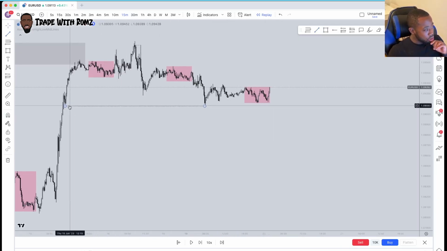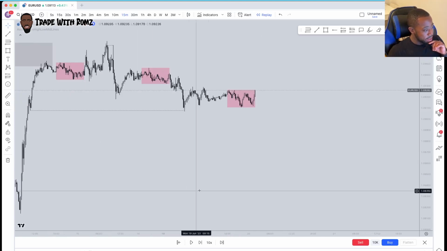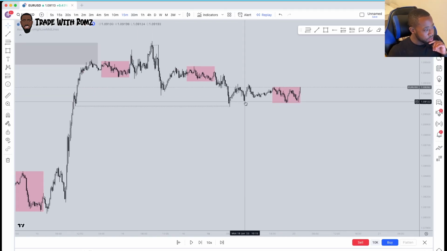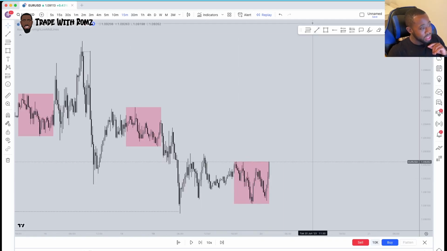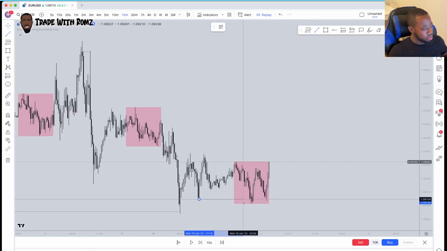All right, so price has swept this low here, and then it had come back down, and it had not quite made a new high at this point, but price had come back down again during Asian session, which is what these pink boxes are, and then it had swept this low. So it swept this low, and then it's about to potentially create a new high, right?